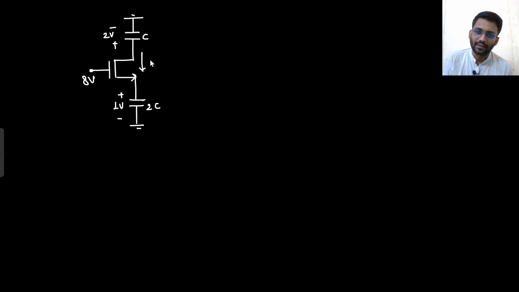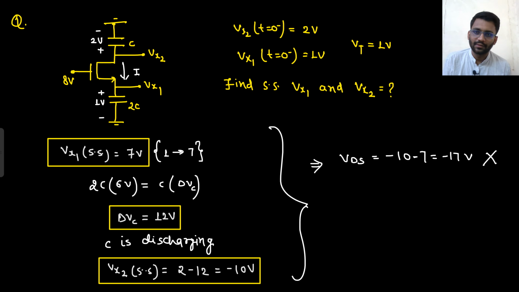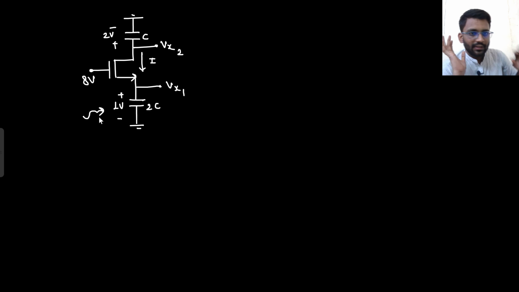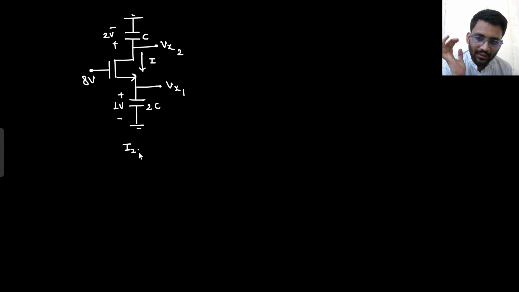Now there is this current I. This is your Vx2, and this is your Vx1. Let's assume there is a current I flowing, both of them are having the same current. The current in 2C would be the same as the current in C, right?